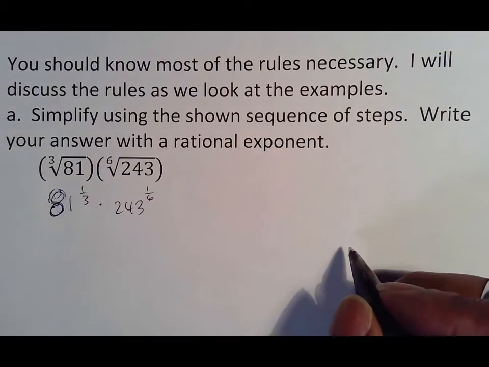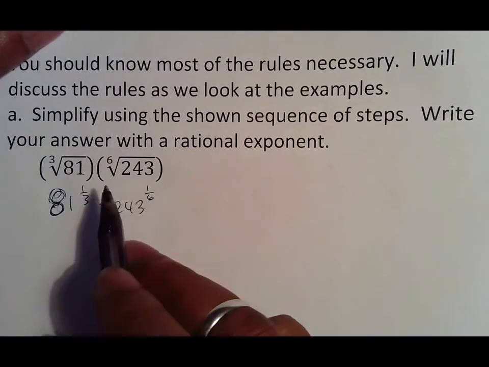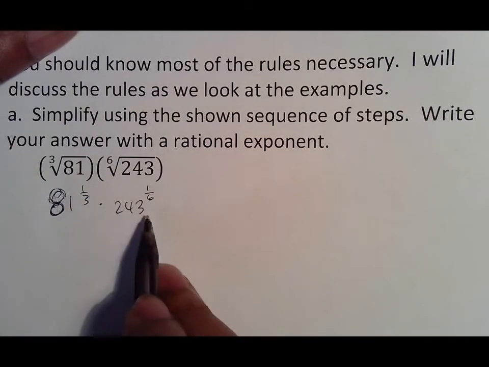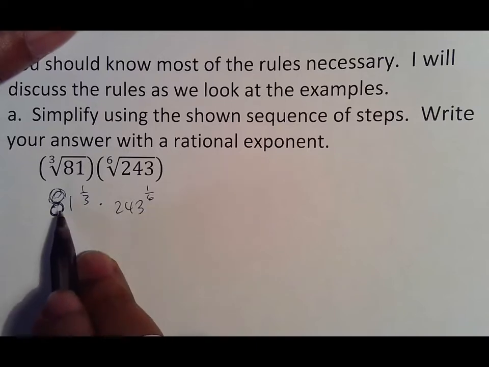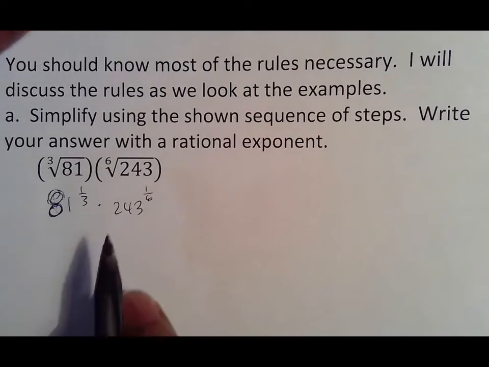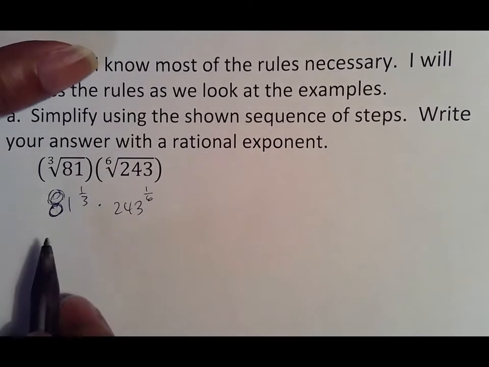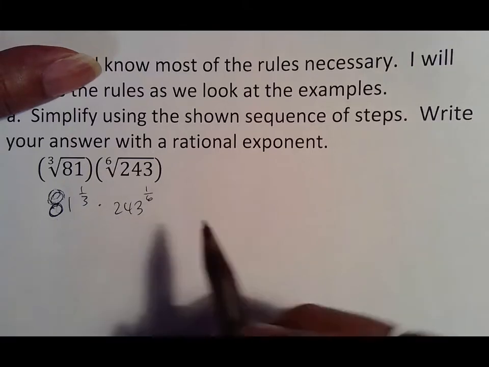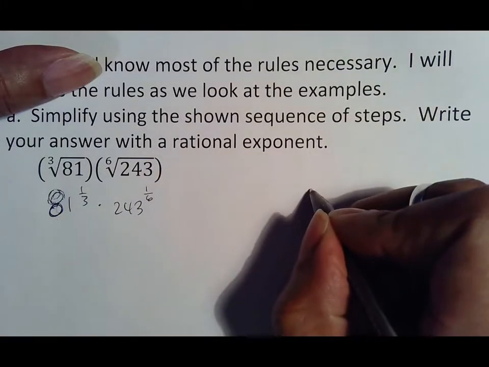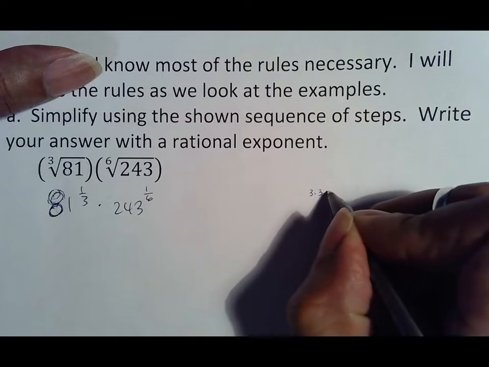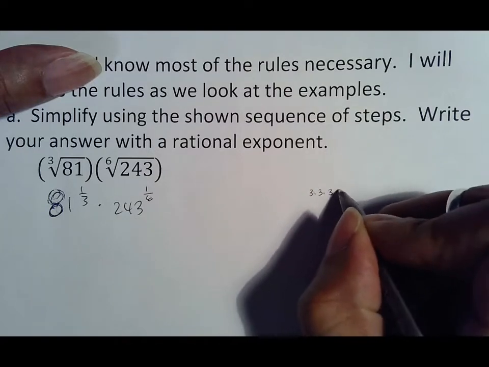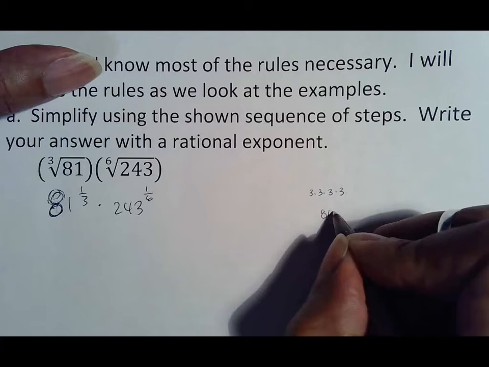Now, you have to make sure you understand how to convert. You also cannot add the exponents like you would if our bases were the same, but they're not. So we have to identify a number and see if 81 can be broken down. Well, 81 from what I know is 3, 9, 27, 81. That's 3 to the 4th.